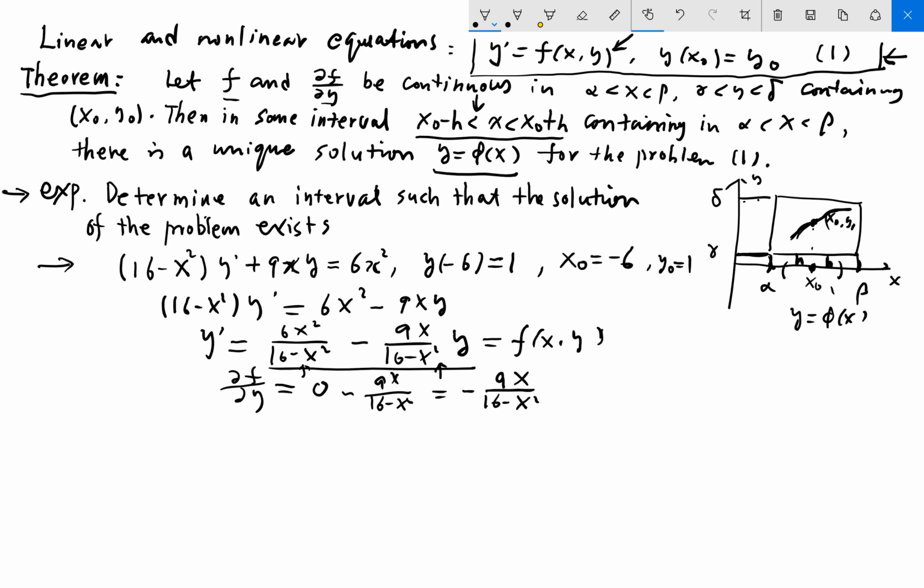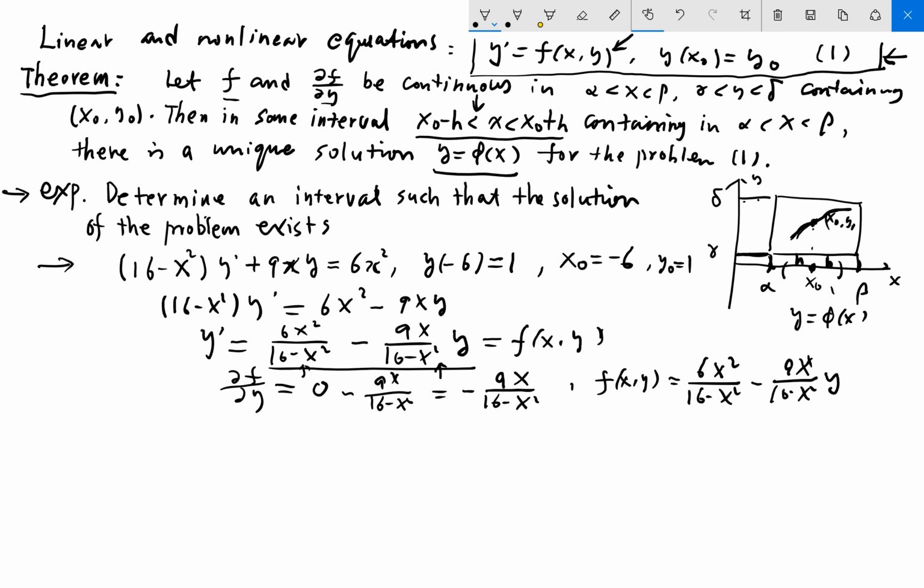So this is our partial f with respect to y. Then our f(x,y), let me write again, is 6x squared over 16 minus x squared, minus 9x over 16 minus x squared times y.